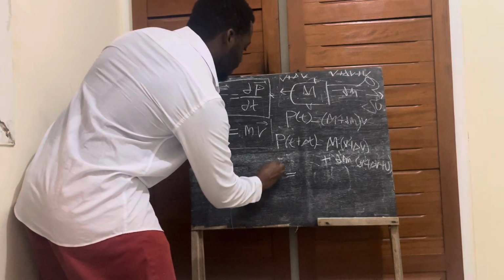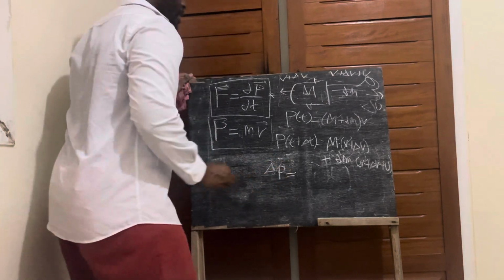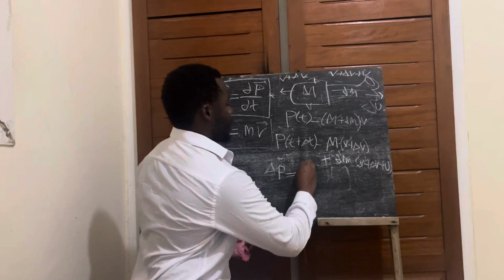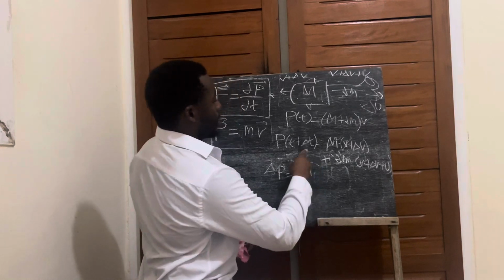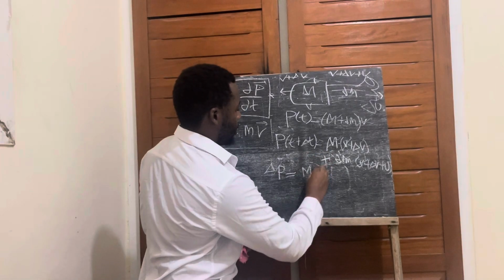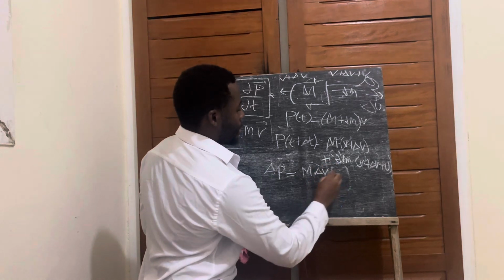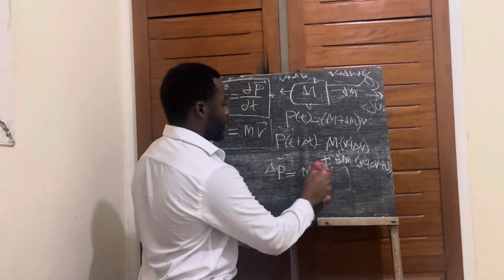Now we have delta p is equal to m delta v. Let's write it very neatly.